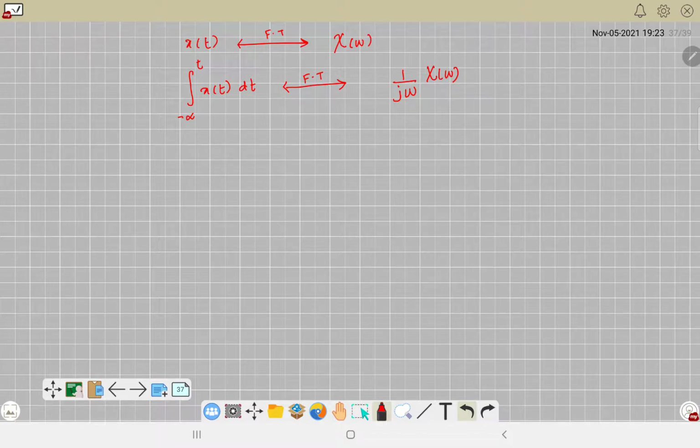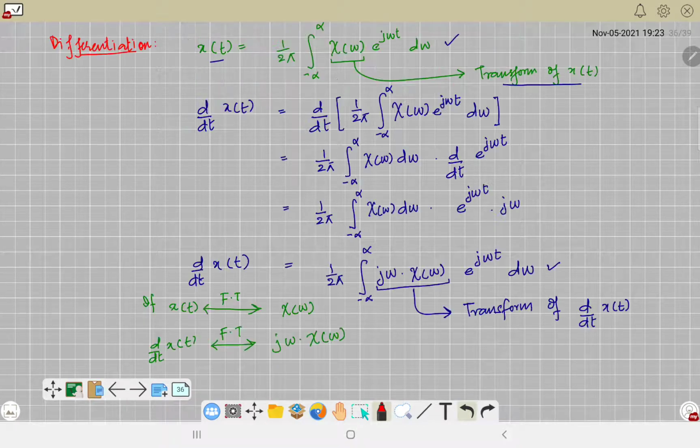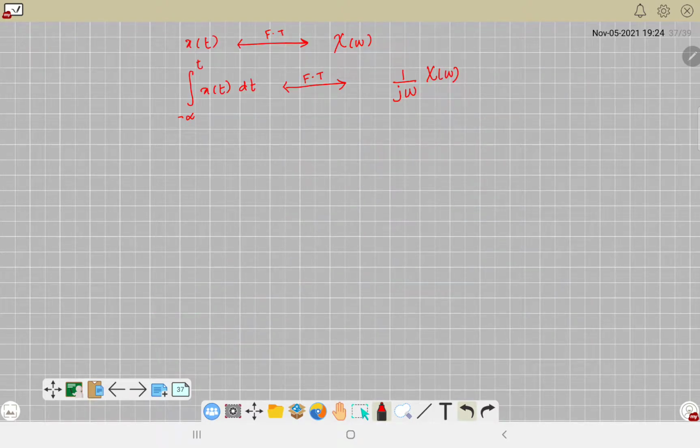Because differentiation and integration, they're kind of inverse operations. So if differentiation translates to multiplication in frequency domain by the factor j omega, integration will transform to division by j omega in the frequency domain.